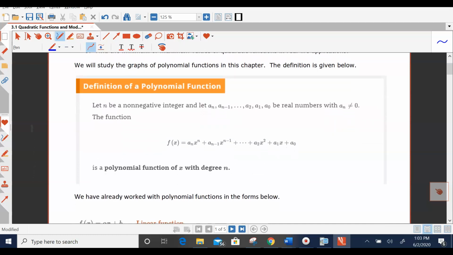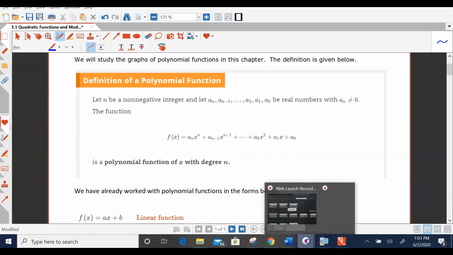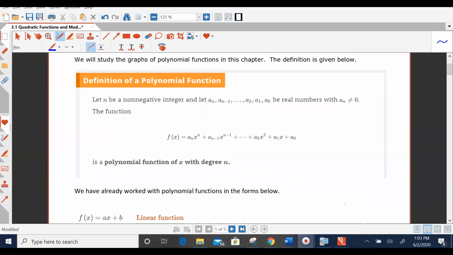So let's look at the definition of a polynomial function. It says, let n be a non-negative integer, and let a sub n minus 1, all the way down to a sub 0, be real numbers where a sub n is not equal to 0. So look at this crazy function we have to represent a polynomial function.